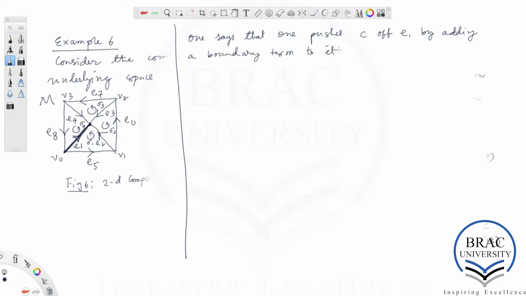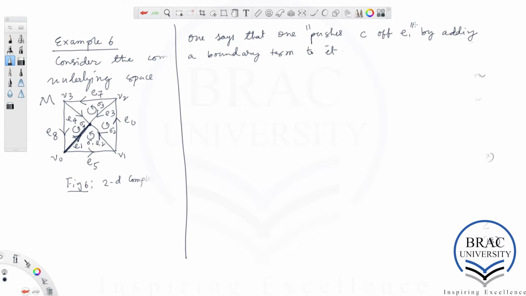I put it inside quotation marks, it's not a regular term. We already explained what it means by pushing a one chain off an edge.